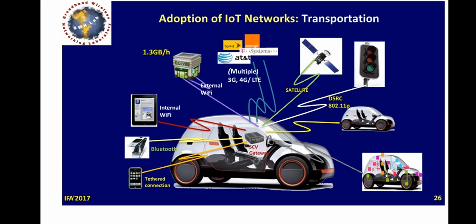If you look at this particular slide, it shows the connectivity of your automobile with satellites, especially for the GPS system, the connectivity of your mobile with the oncoming traffic signals, and some external Wi-Fi, internal Wi-Fi, and Bluetooth. These bring connections. So the car is a core network of things.